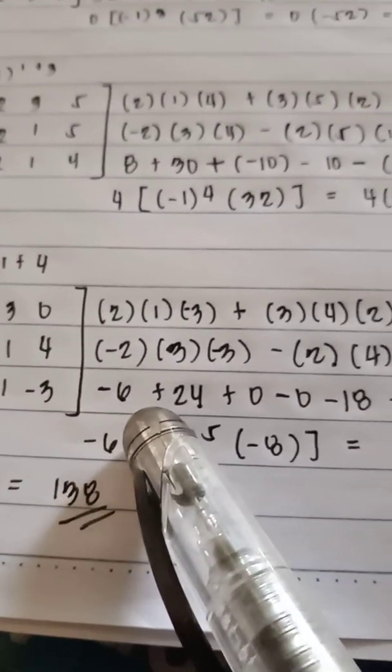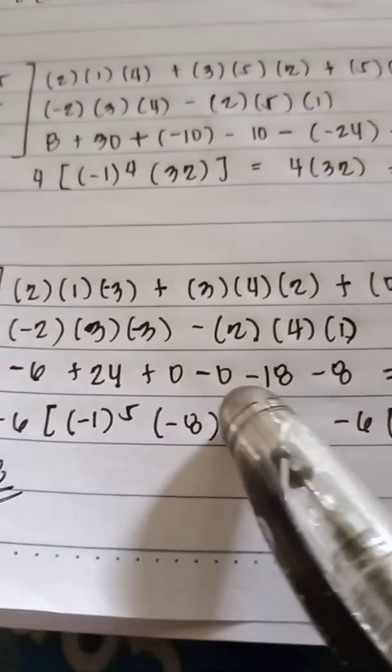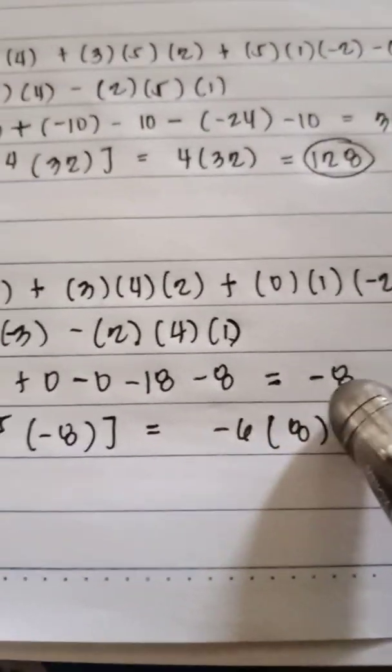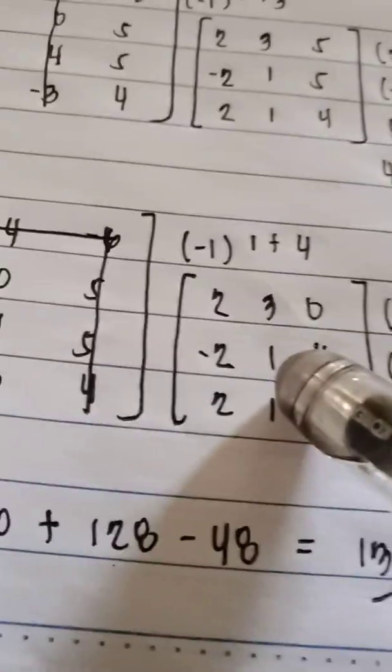So negative 6 plus 24 plus 0 minus 18 minus 8 is equal to negative 8. So negative 8 is the determinant for this.